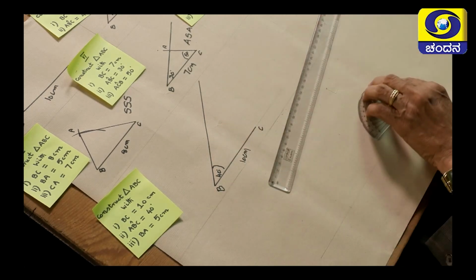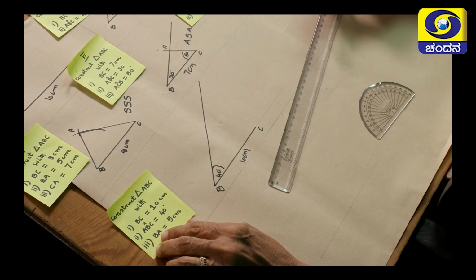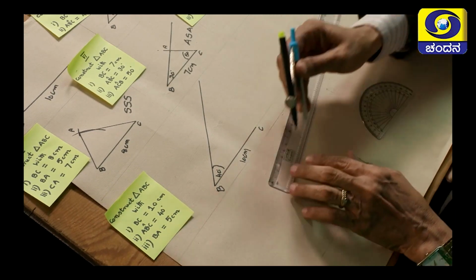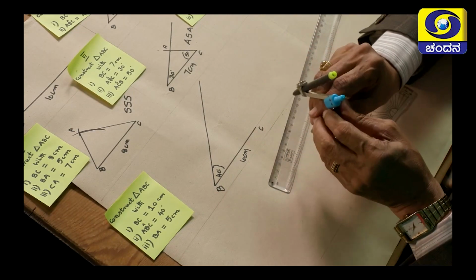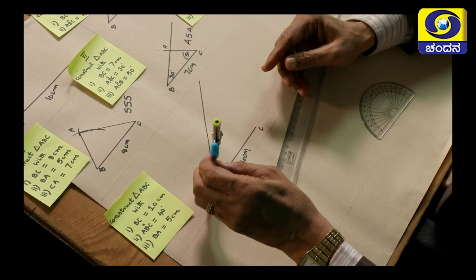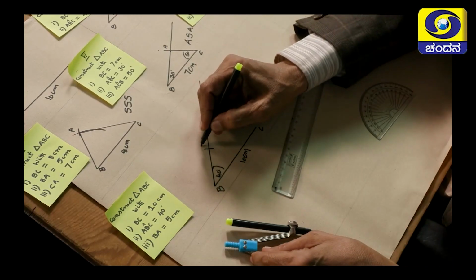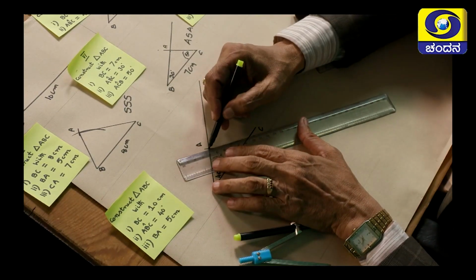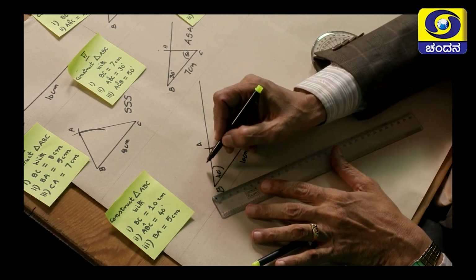Correct. Now, the length of BA is given as 5 centimeter. So let us take 5 centimeter as radius and cut this. So this is the point A. Now join A and C. This is the required triangle.